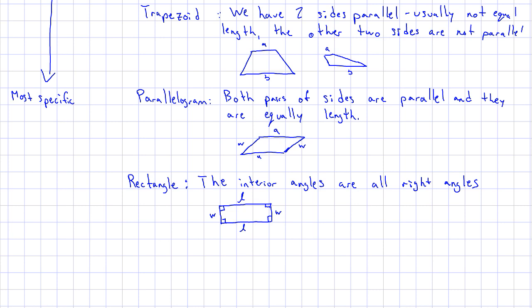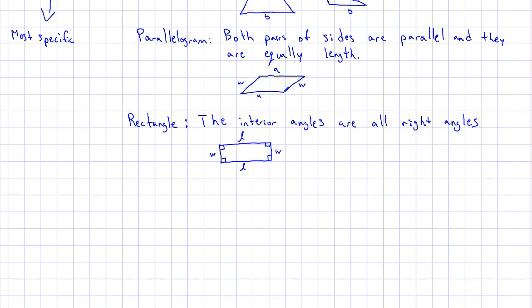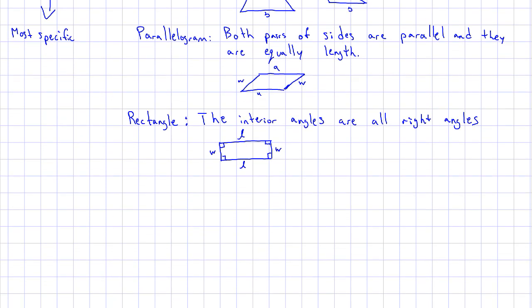And then we have the absolutely most restrictive, which will be the square. So this is a rectangle. It has all of those same qualities, parallel sides, interior angles are right angles, but we also have all sides are equal.